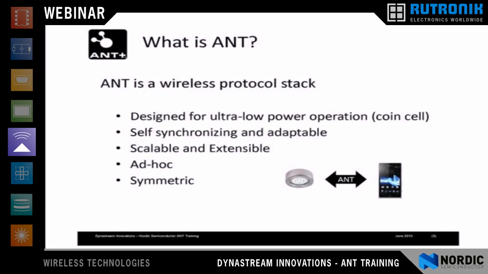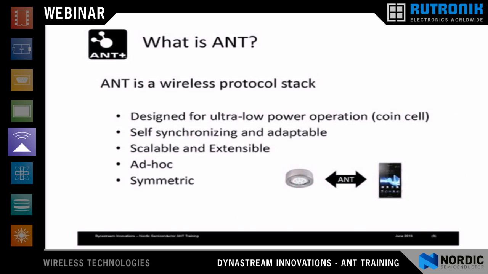All of the networks that you would build with Ant are scalable and extensible. You can take your existing products and add features and make them ad hoc or make them asynchronous, or all sorts of new features that have been added that we'll go through in a few minutes.